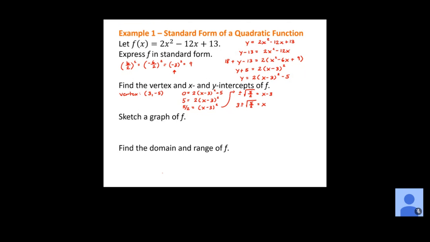Now, if you want to rationalize that denominator so that you don't have a fraction under your square root, we can definitely do that. We would just need to multiply top and bottom by square root of 2 here. So that's going to give us 3 plus or minus the square root of 10 over 2. And that's going to be our x value. Okay, so those are the x-intercepts of that graph now.